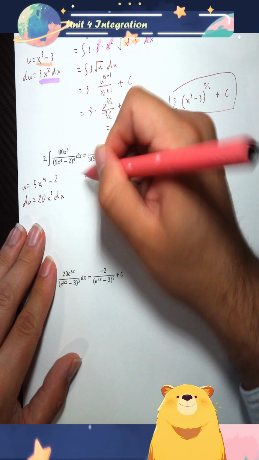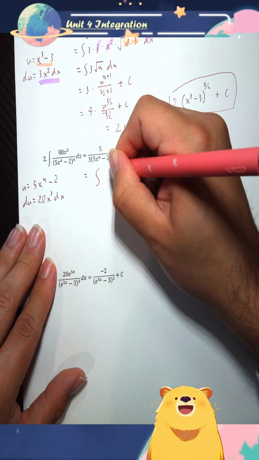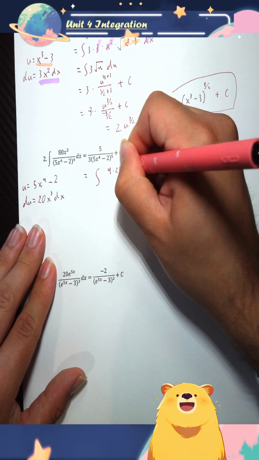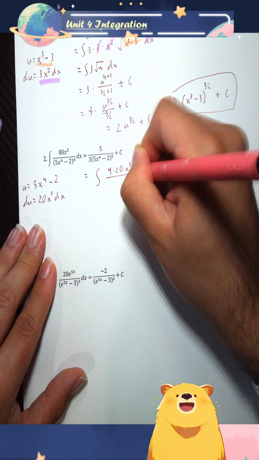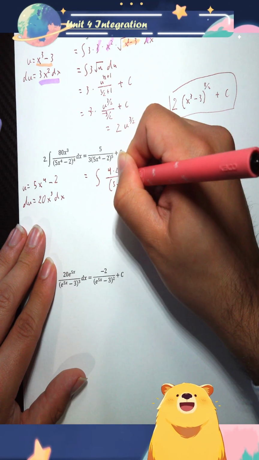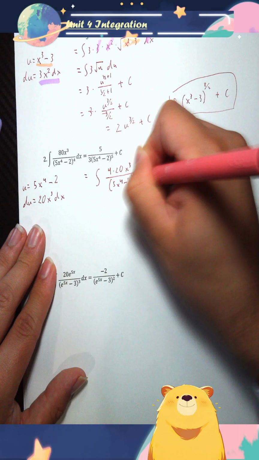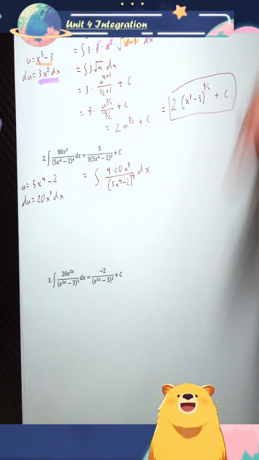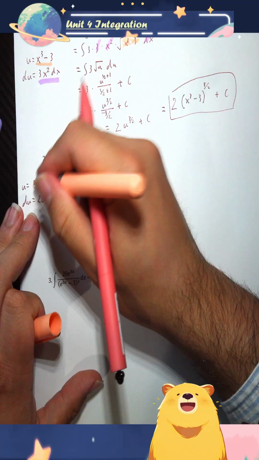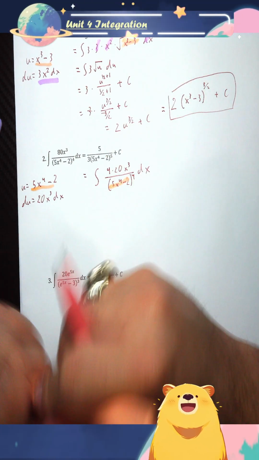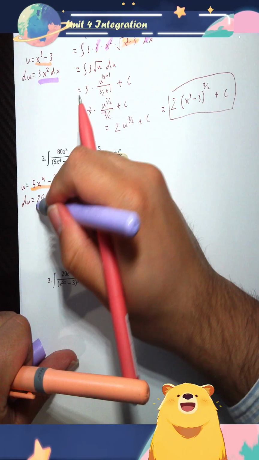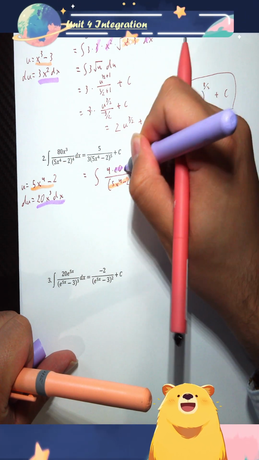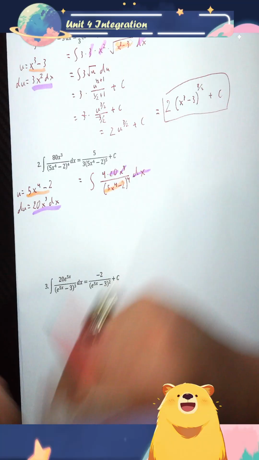And then similarly, you would just do the trick of splitting it up. So we have 4 times 20x^3 over that whole expression. And I'm going to replace this part with u. And to make du, I need this part and this part. The 4 stayed behind.